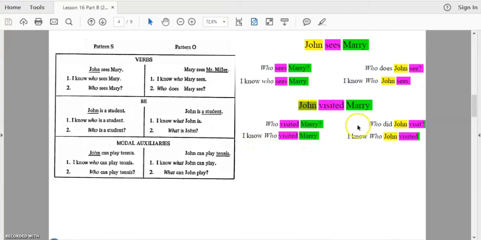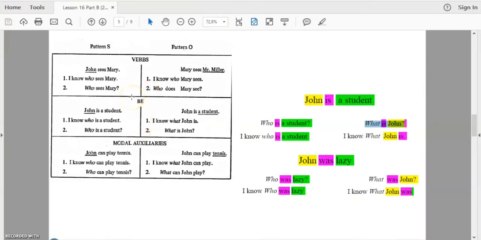And in pattern O of the simple past tense, we replace Mary with the WH question. The pattern is WH question, then auxiliary verb, John as the subject, and visit. And the other statement is "I know who John visited."